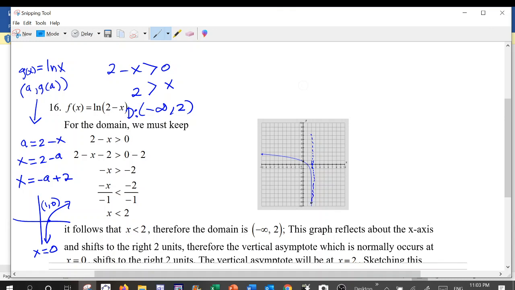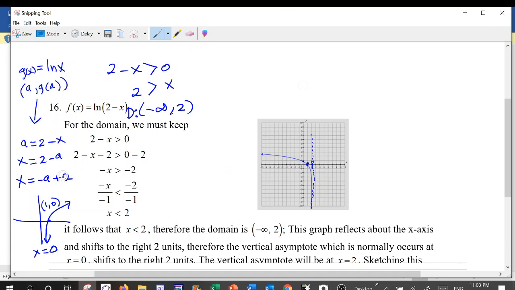Negative 0 plus 2 is 2. And then where does (1, 0) go? The 0 doesn't change, but the 1 becomes negative 1 plus 2, which is 1. So it stays at (1, 0), which is right there.